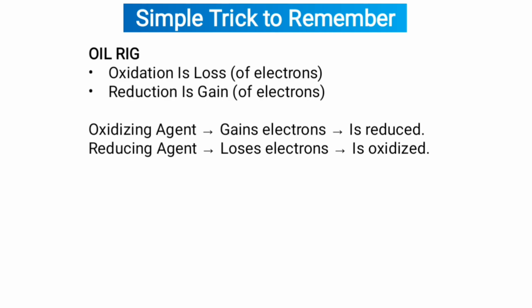OIL stands for Oxidation Is Loss, meaning loss of electrons. And RIG stands for Reduction Is Gain, meaning reduction is gain of electrons. So the oxidizing agent gains electrons and is reduced, and the reducing agent loses electrons and is oxidized.